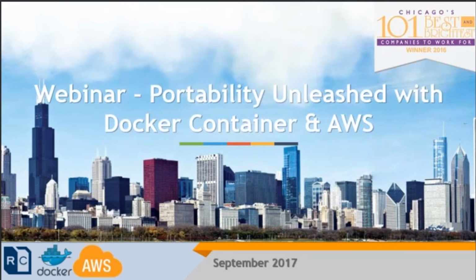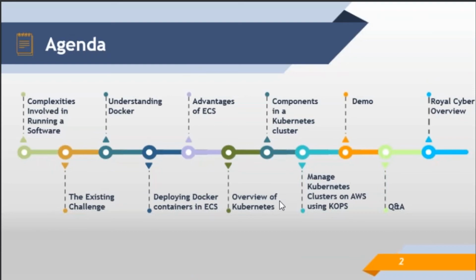Before we start, I want to talk about today's agenda on the webinar Portability Unleashed with Docker Container and AWS. Today we will be discussing a few complexities and challenges involved in running software, and understanding a little bit about Docker, how to deploy Docker containers in the EC2 container service, and the advantages of ECS, and a quick overview of Kubernetes and the components involved in a Kubernetes cluster.